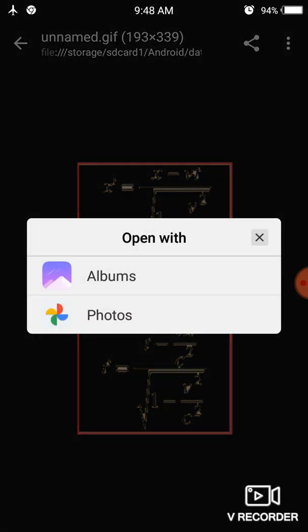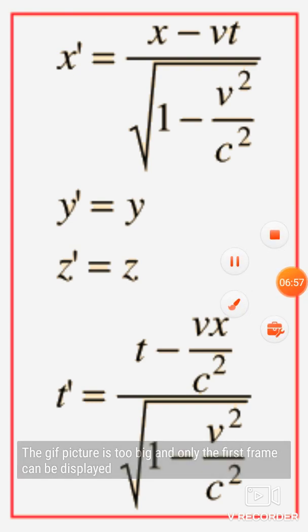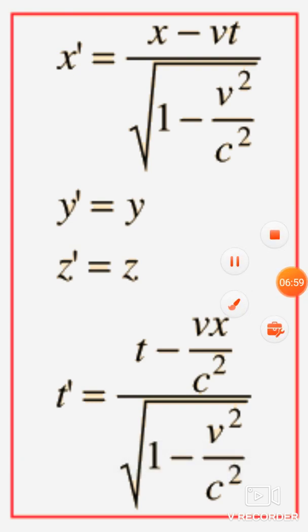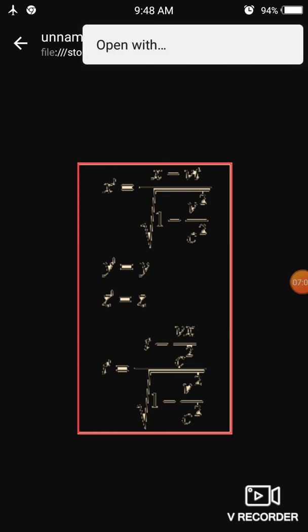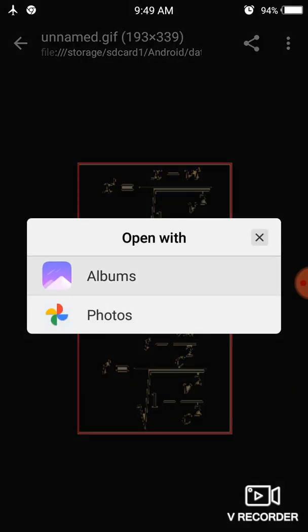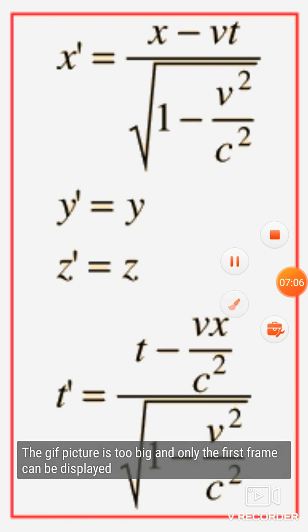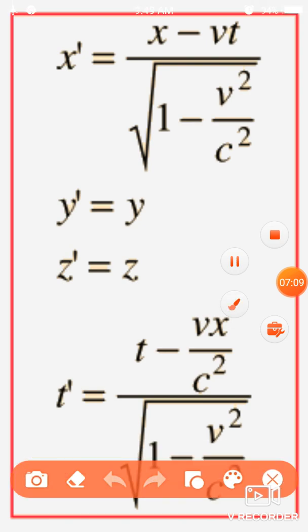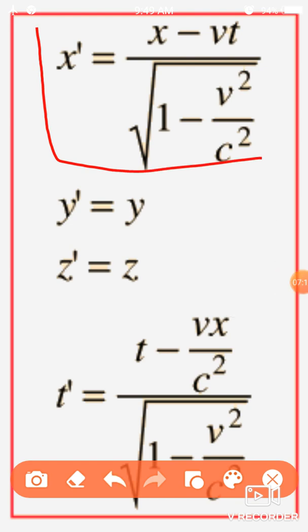So if this concept is clear, in this case the frame is moving only along the x axis.